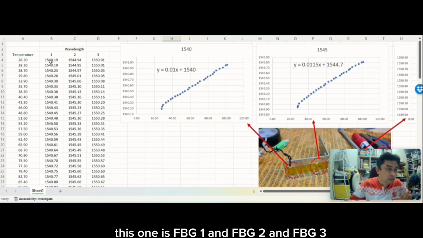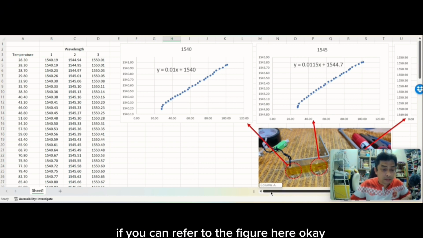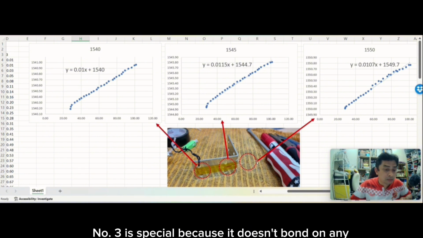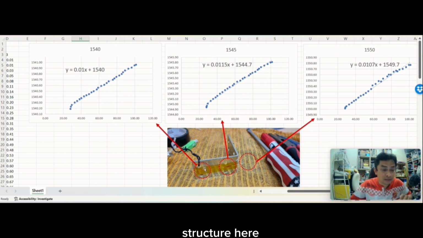This one is FBG1, FBG2 and FBG3. If you refer to the figure here, this is the steel structure that we pasted the FBG on. FBG number 1 and FBG number 2 and FBG number 3. Number 3 is special, it isn't bonded to any structure; only FBG1 and FBG2 are bonded to the structure.